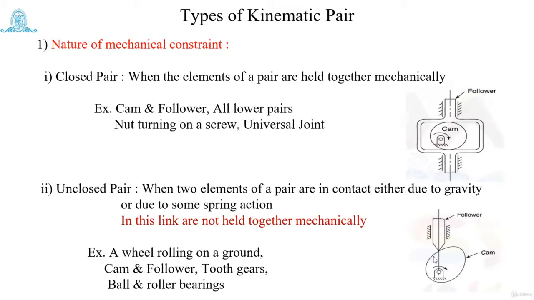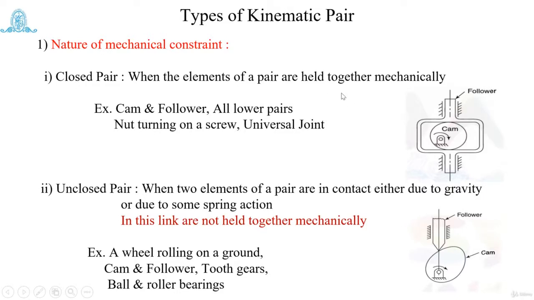So what we do is apply a force or a spring over there, so that they always remain in contact with each other, and because of that we are able to transfer the motion from one link to another link in a continuous manner.